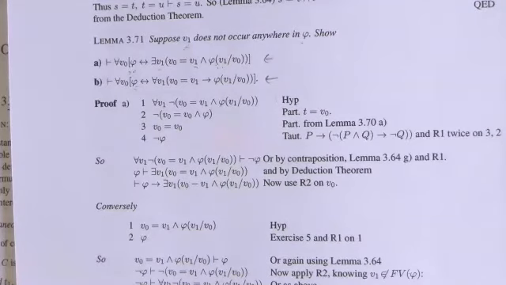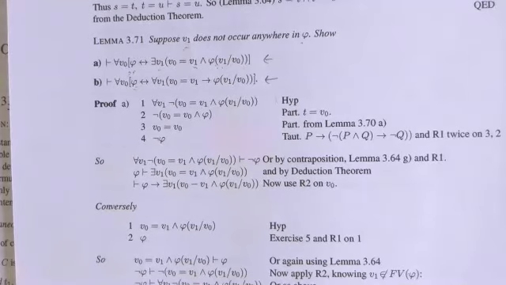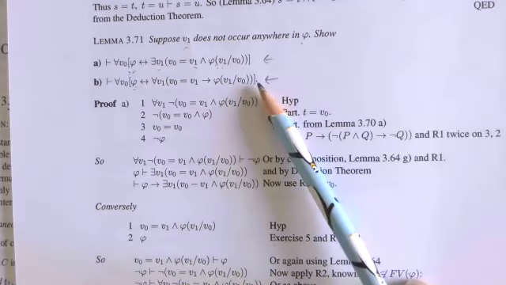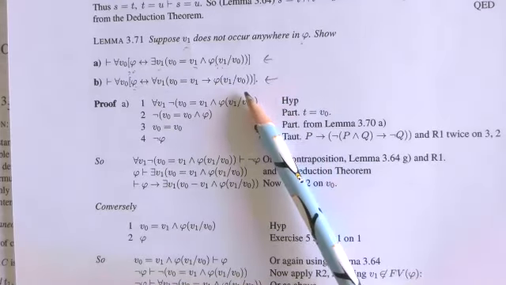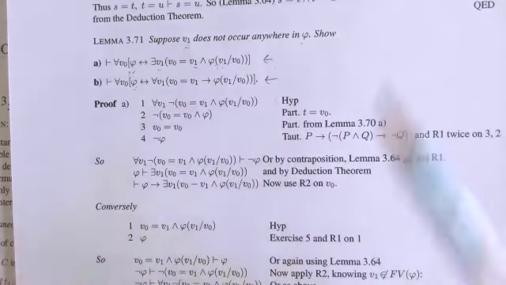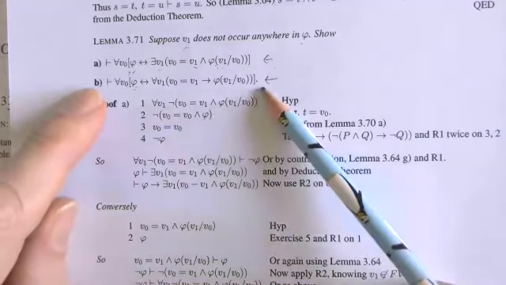But I do want to be able to refer back to something like the deduction theorem. That was why I spent some time talking about that. So you may need to look back at some of the lemmas that are stated here. I'm going to refer back to one of these two. I don't remember which one it is. In a full course, when we did all of these proofs, we'd have proven this.